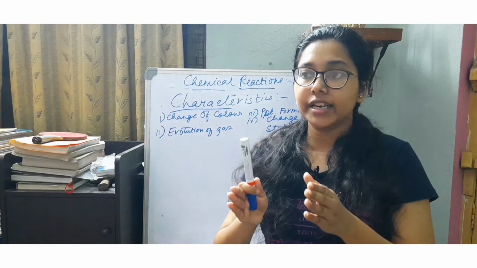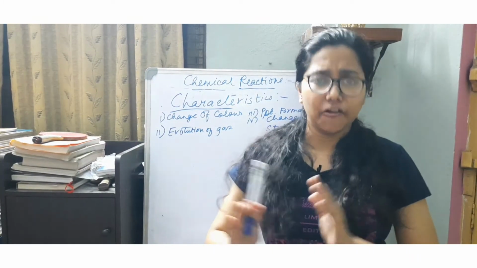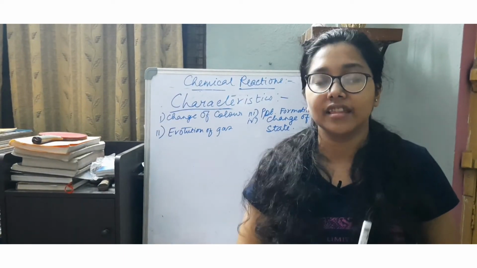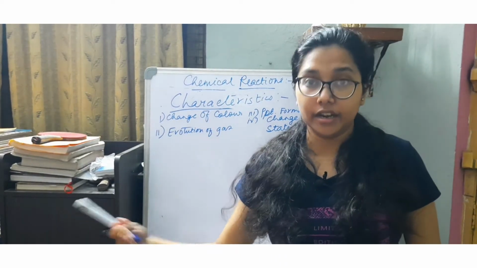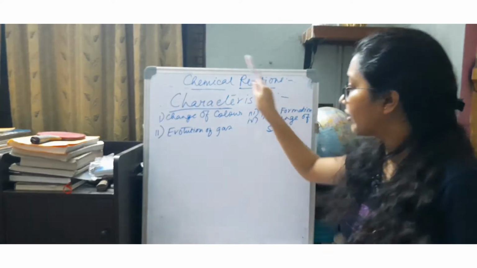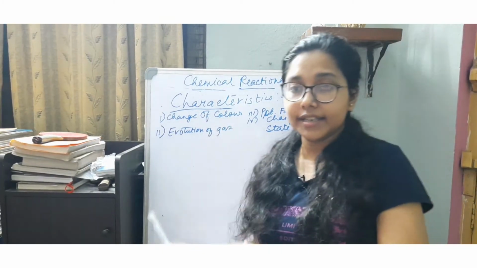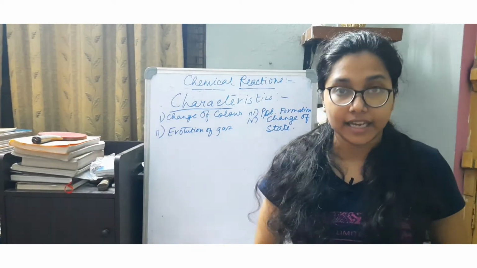That is, initially the color of the particular solution was something else, and after some time, as the reaction proceeds in the forward direction, you will see that there is a change in color. All the characteristics are solely based on observation, to get the inference that yes, a chemical reaction is taking place.